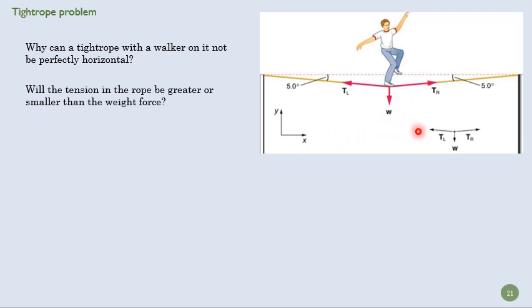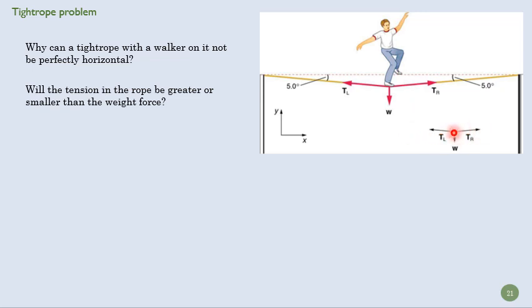If we look at this right here, what are the forces on this point in the tightrope? Well, it's being pulled with a tension TR that way and by a tension TL that way and pushed down with a force W that way. So our free body diagram looks like this. What happens if TR and TL are perfectly horizontal?